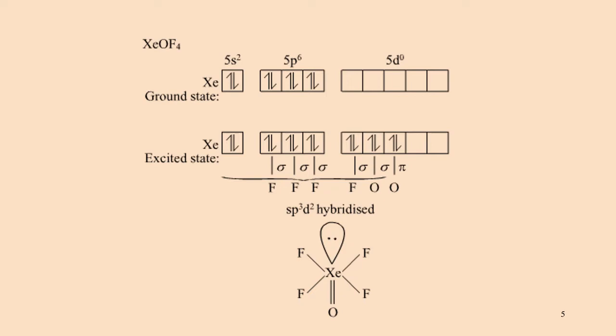For the excited state, 3 electrons from 5p are excited to the d orbital, forming sp3d2 hybrid orbitals. The sigma bonds are formed between xenon and fluorine, which is 4 of them, and 1 oxygen. Another one is a pi bond by p orbital overlapping with oxygen, leaving 1 lone pair from 5s.